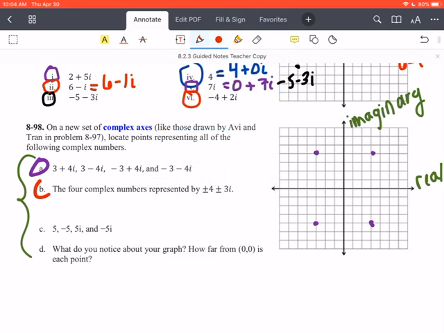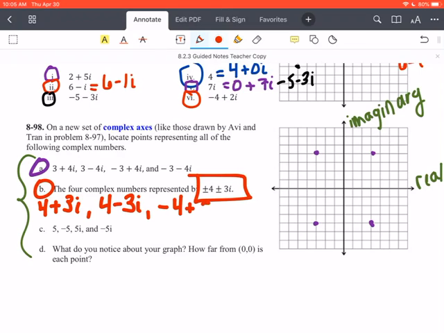So now on B, how many complex numbers are represented by this statement? 4 complex numbers. So we have to graph 4 plus 3i. We have to graph 4 minus 3i. And then we have to consider the negative case of 4 because of the plus or minus out front of the first component. So we have negative 4 plus 3i, and then negative 4 minus 3i.